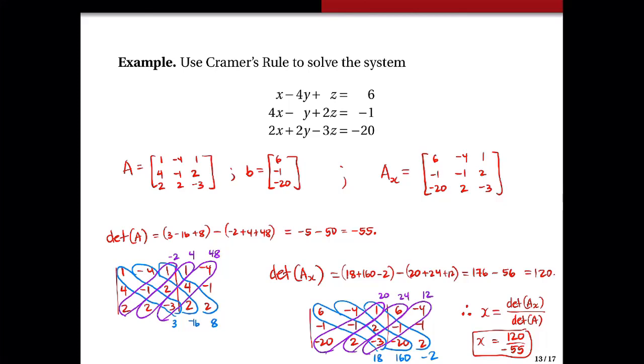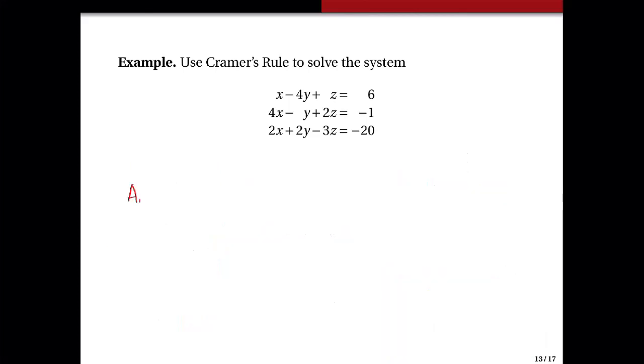Now let's do A sub y. So A sub y, this is the matrix. You copy the column for x and column for z. The column for y, you will replace by this constant column. So we have here 1, 4, 2, and then 6, negative 1, negative 20, and then 1, 2, negative 3.